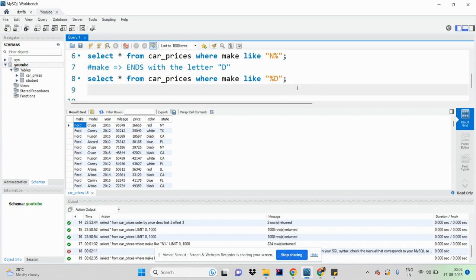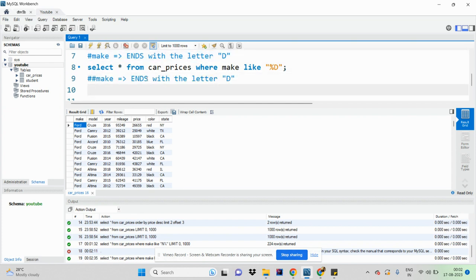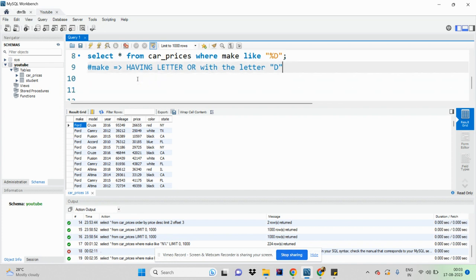So let's say I want OR in between. Give me the make that has the letters OR. Let's say Ford has OR, or Chevrolet.